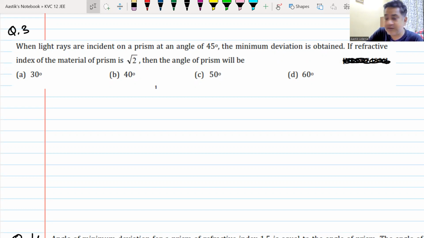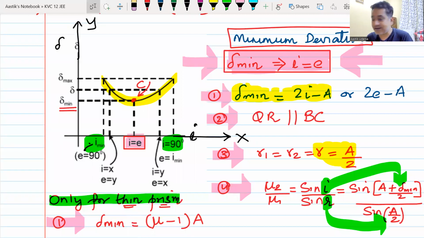Remember, the only thing that we have done about prism is one diagram, my dear friends. And in that one diagram, this question falls in which category? It is already written that this question falls in the minimum deviation category. This is what we have read about minimum deviation. You just need to apply it, my dear friends. And don't worry, whenever we do something new, we are supposed to take some time to get used to it.